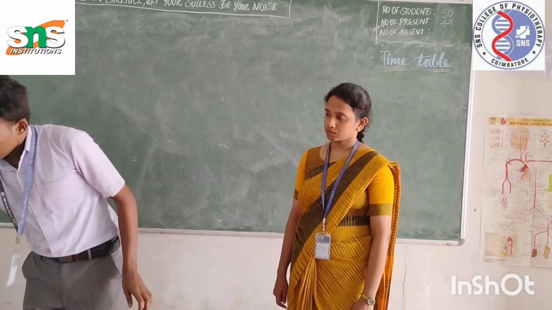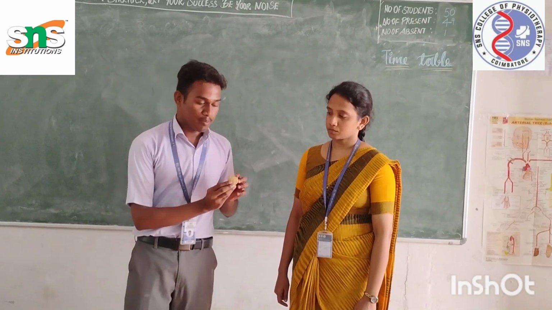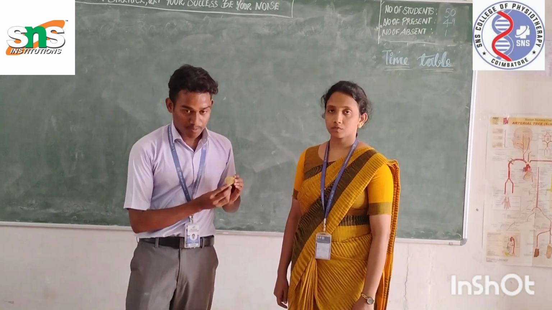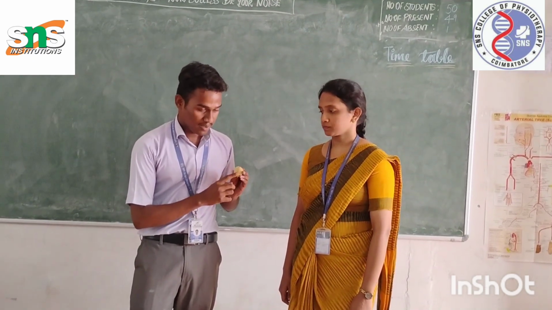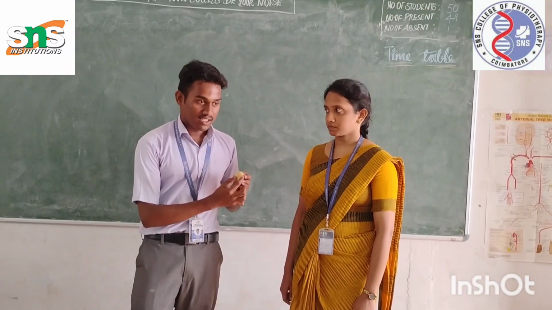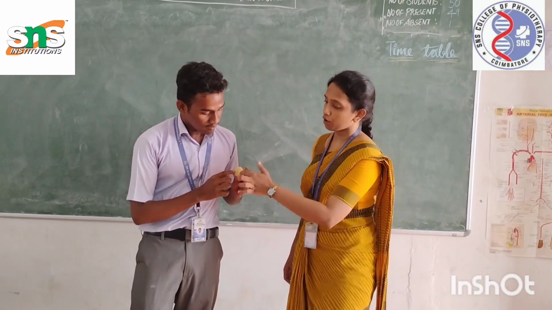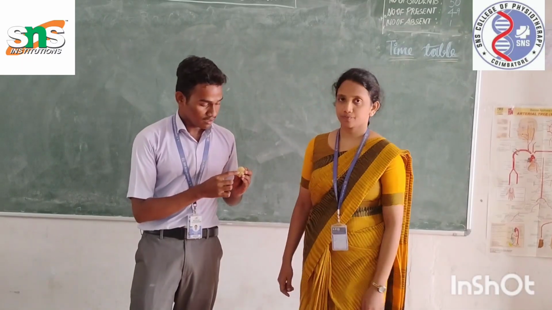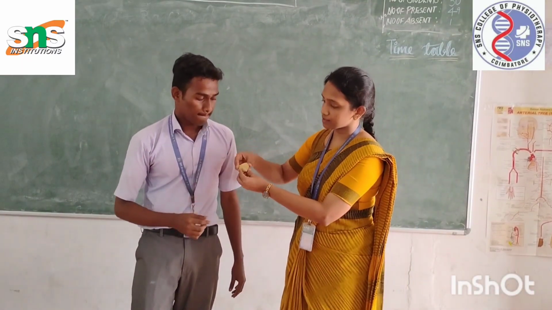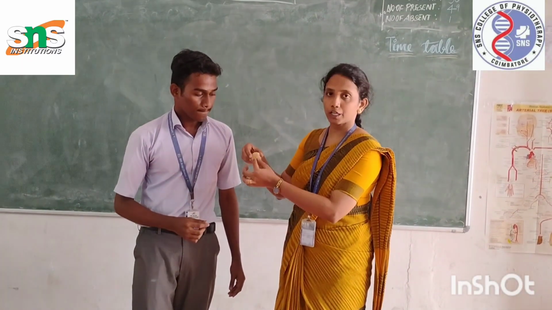Next, the patella. This is the patella, a left side bone. The apex of the patella and the superior surface of the patella. There are two facets with a ridge between them. This is the anterior surface and this is the articulating surface.